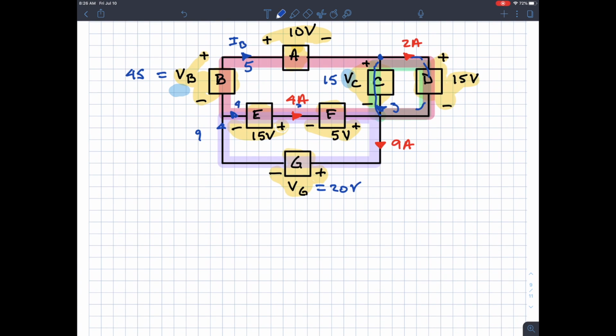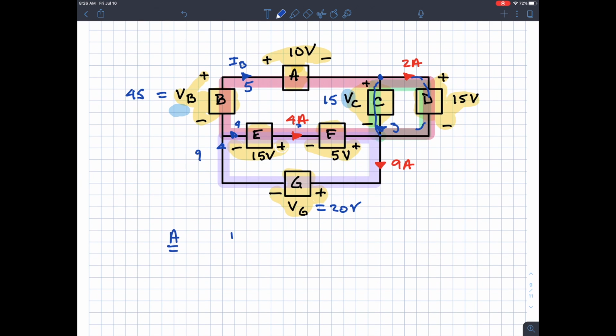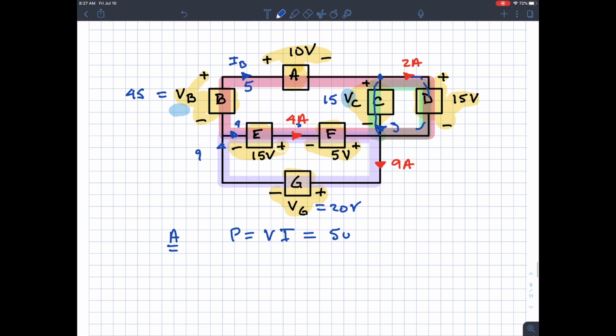Okay, so let's look at element A. With element A, power is V times I. V is 10, and I is 5 going through element A. So I know this is 50 watts. And current's moving in the direction of a voltage drop. So this is the passive sign convention, so this is using power.